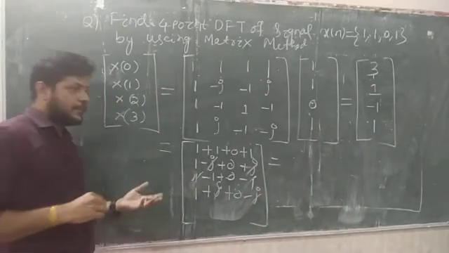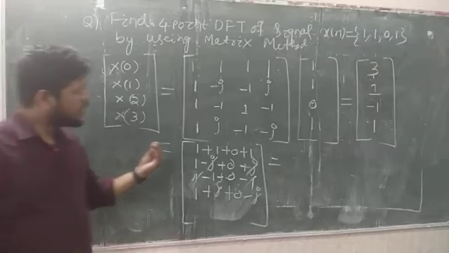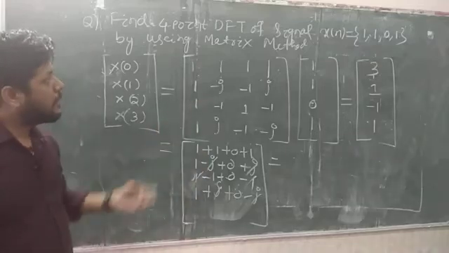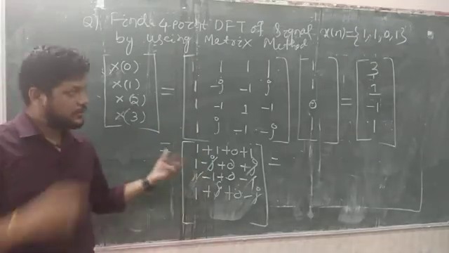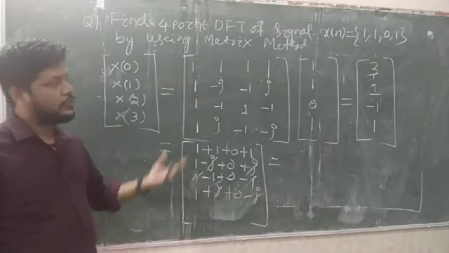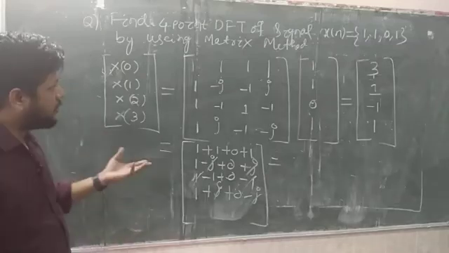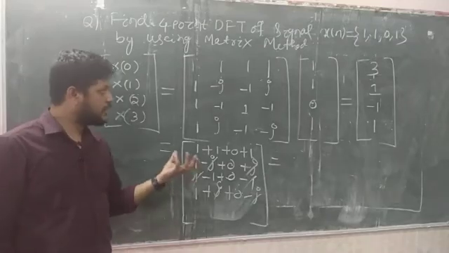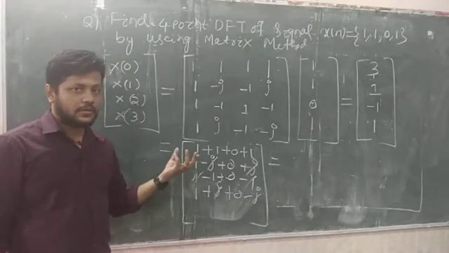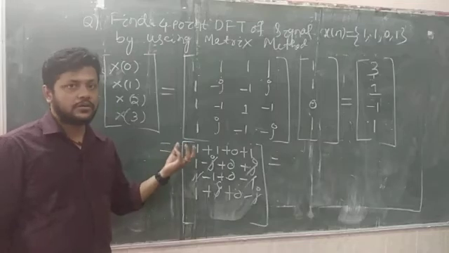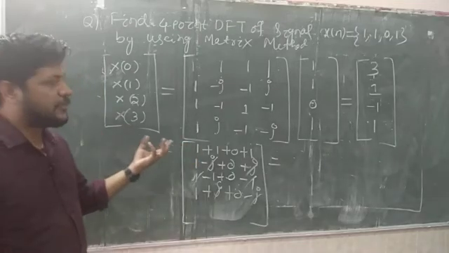This is very important: remember this matrix and how to form it. They generally ask about the 4-point DFT. The matrix method is convenient and will save much time in your entrance examination or MCQ type question.